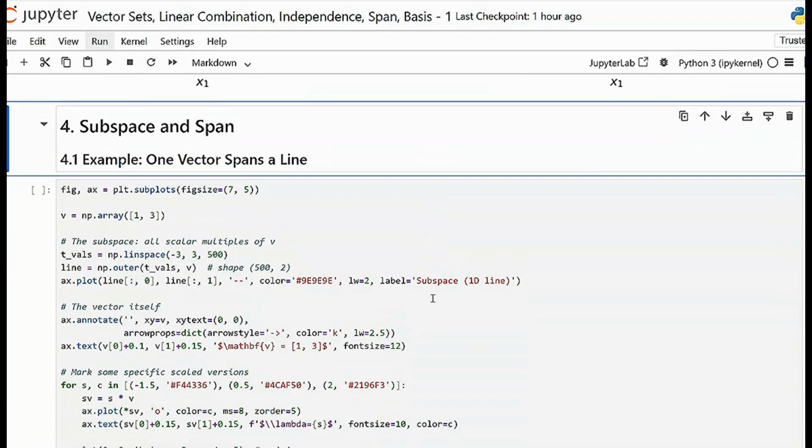Okay, now let me move on to the subspace and span. A subspace is the infinite set of all possible linear weighted combinations of a set of vectors. The process of generating this set is called spanning, and the result is the span of the vector set.